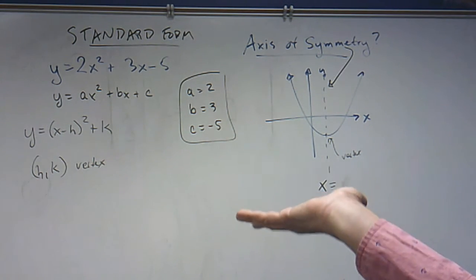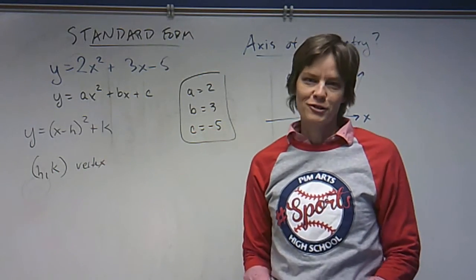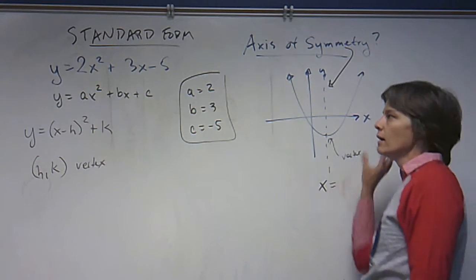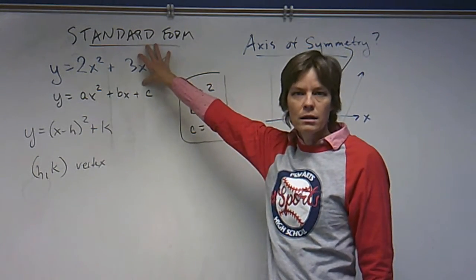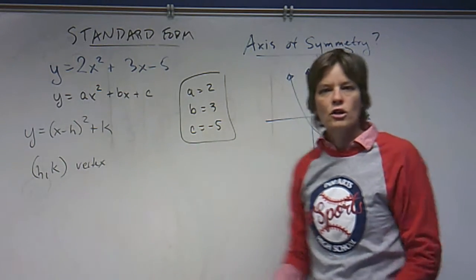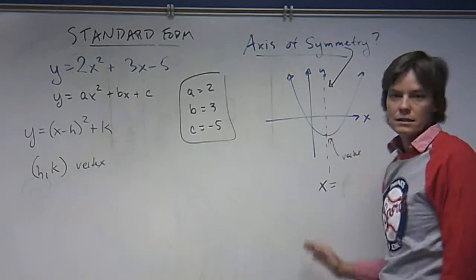How do we find the y? Oh, come on, you guys know this. I know you know it. We take this value and we plug it in to our equation, right? That's how we find the vertex. So the question is, how do we find this bad boy?